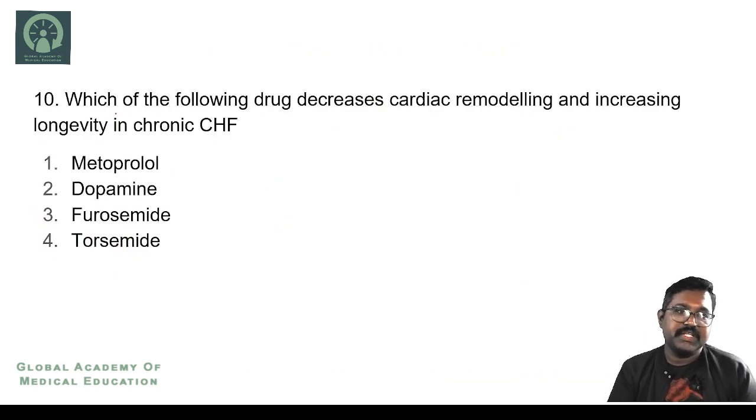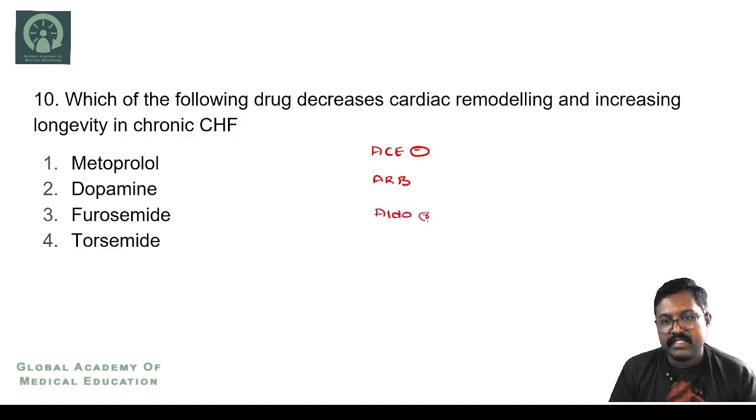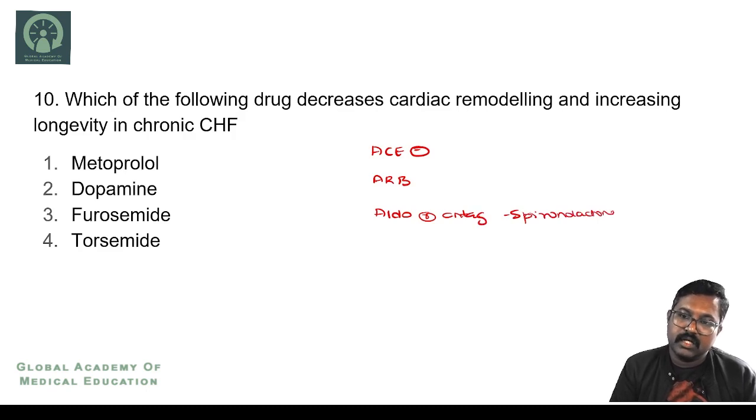So coming to the 10th question, that is which of the following drugs decreases the cardiac remodeling and increases the longevity in chronic CHF? So please remember, the drugs which decrease cardiac remodeling are the ACE inhibitors, we have ARBs, we have aldosterone receptor antagonists like spironolactone, and we have ARNI, that is angiotensin receptor blocker and neprilysin inhibitor, that is sacubitril.